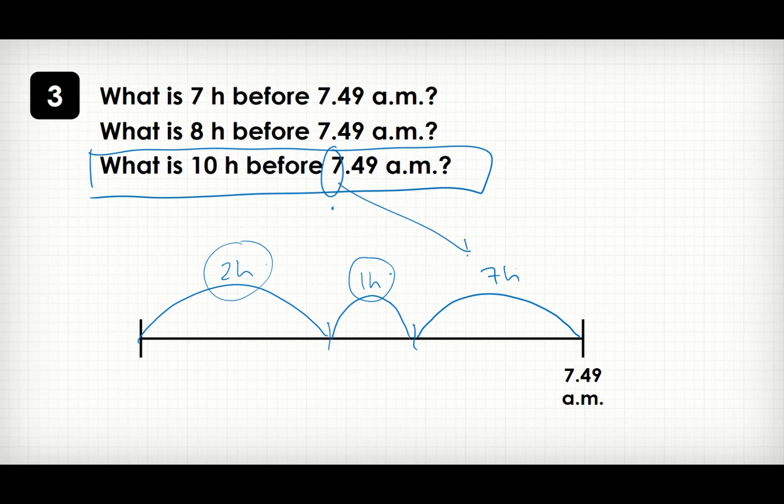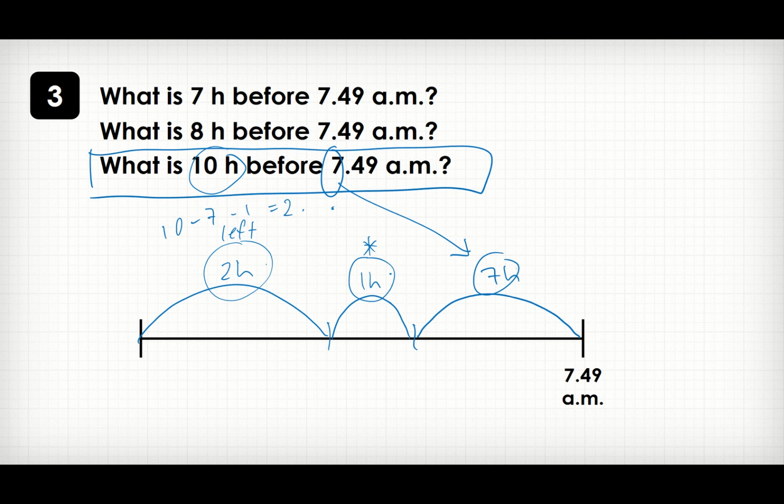So this tells us our first step. Then go back 1 more hour and what is left, which is 10 minus 7 minus 1. Now, why do we do that?